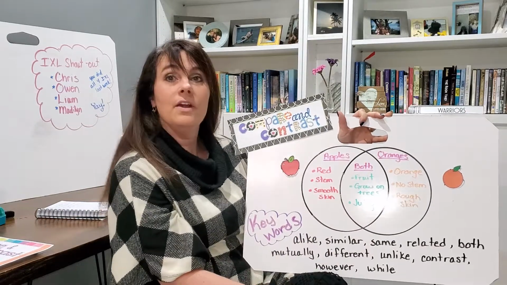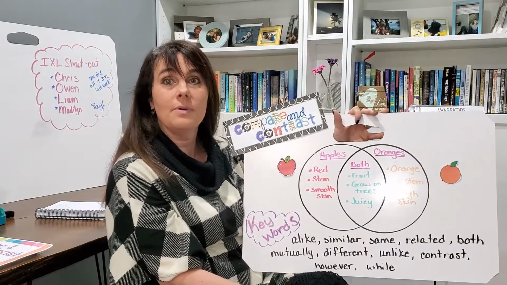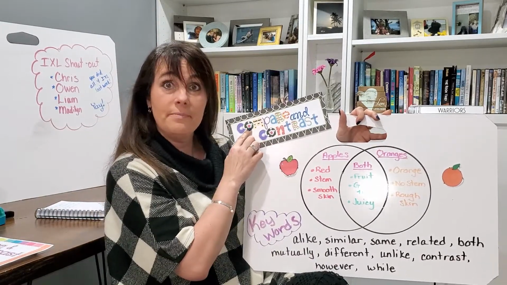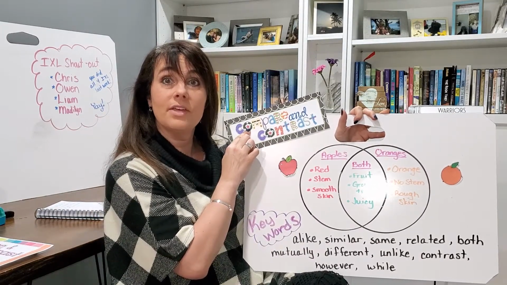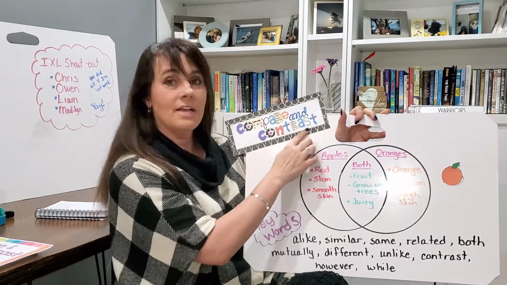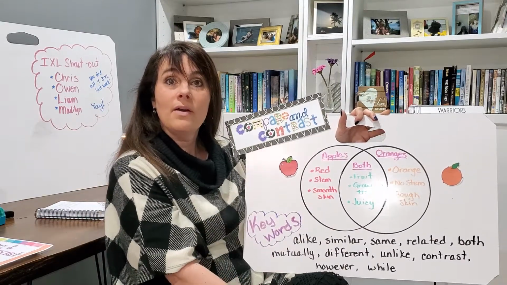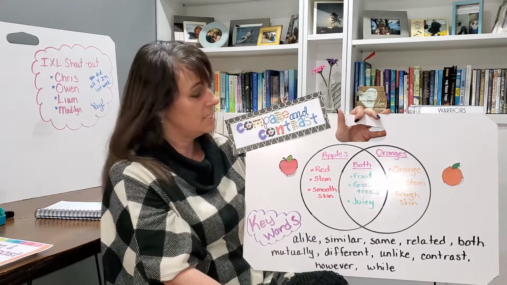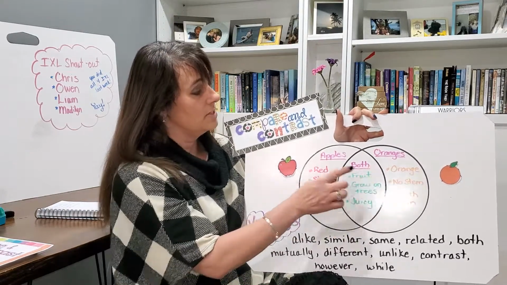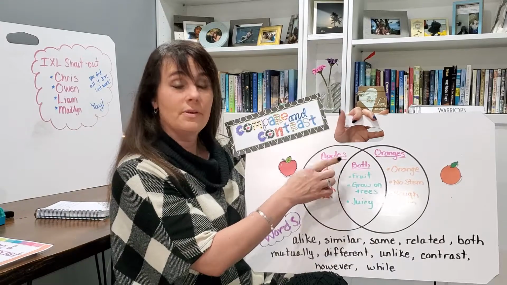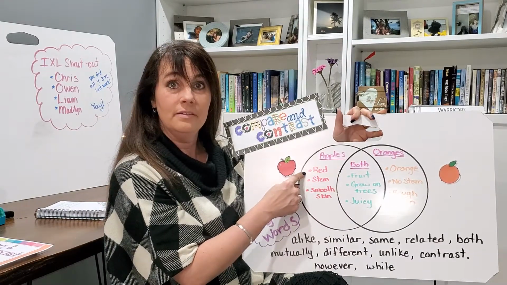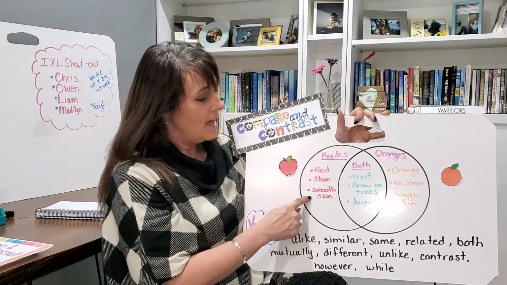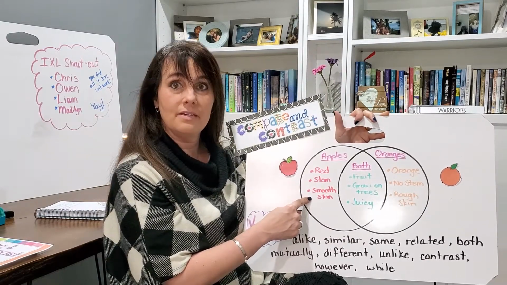If I'm going to compare and contrast, remember that comparing means saying how they're the same or similar, or what things they have that are alike. And contrasting is when we talk about how they're different or what things are not similar about them. So let's take a look at apples and oranges. If I'm talking about apples, I can say that apples are red, apples have a stem, and apples have a smooth skin.